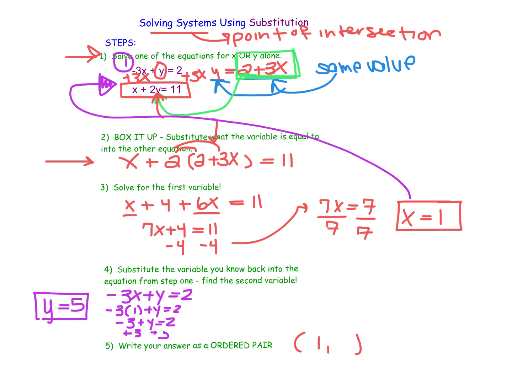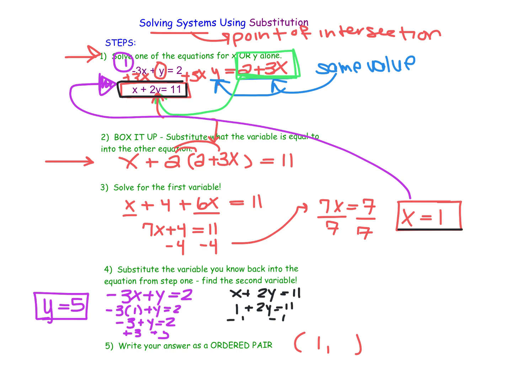Now, I've had some students in the past who didn't necessarily believe me that you could pick either equation, so we're going to try this second one just to make sure we get the same y value, the same point where they cross. So here we have x plus 2y equals 11. So here I have 1 in place of the x, because that's what x is equal to, plus 2y equals 11.